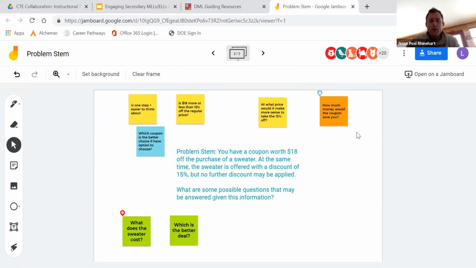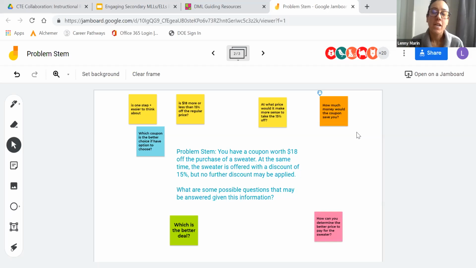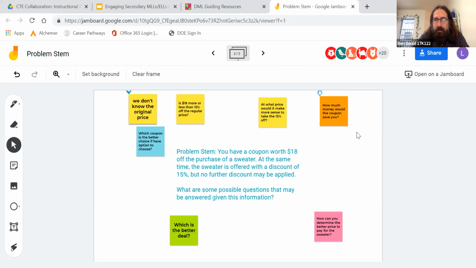Okay, so I was gonna ask, how could you ask what the better deal is without some further information? I'm sorry, can you say that again? How would you ask what the better deal is without further information? See what I'm asking? I'm not even sure that I get the question, so I'm trying to think about it. How could you ask which is the better deal without knowing the original price of the sweater is what I'm asking. Oh, okay.